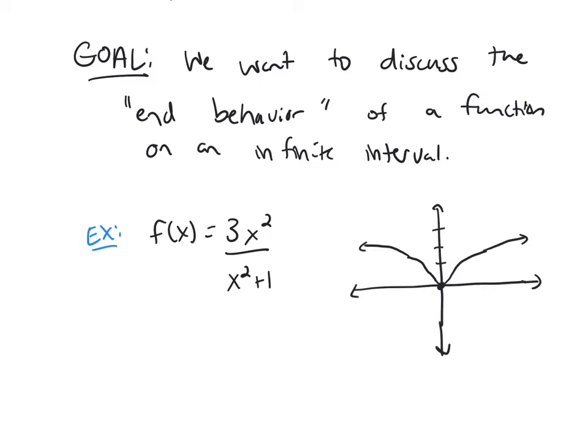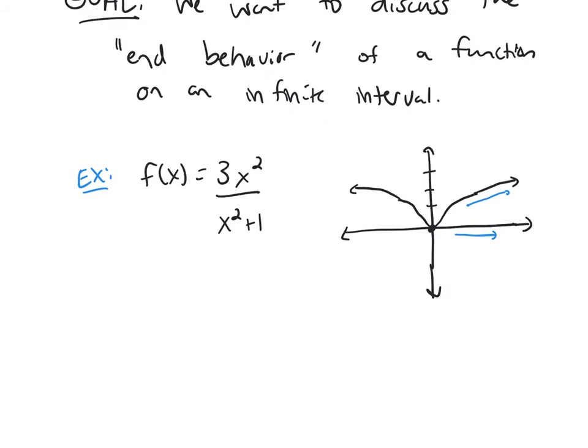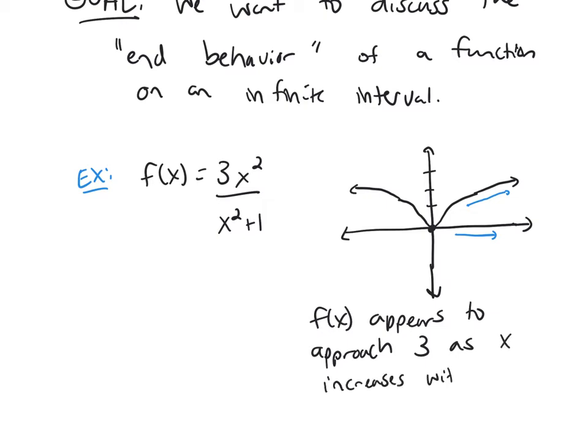So as x increases without bound, so as x gets bigger, I'm going to look at my y values on my graph, and they're increasing up, and it looks like they're increasing up to 3. So it looks like f of x appears to approach 3 as x increases without bound.